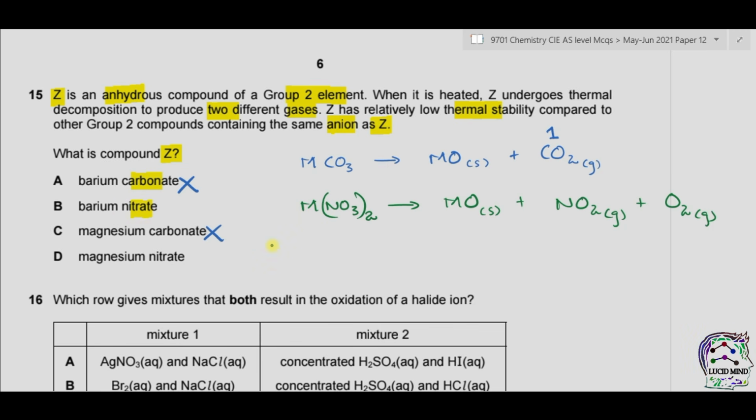As we move down in group 2, the nitrate becomes more thermally stable. This is because the size of cation increases down the group. So barium nitrate is below in the group as compared to magnesium nitrate. So therefore the thermal stability of magnesium nitrate will be less than barium nitrate. Correct answer is therefore D.